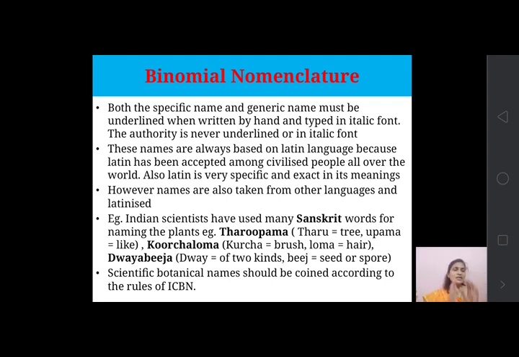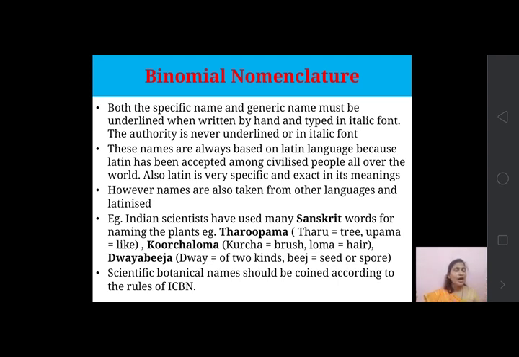So the author name is necessary to write after the binomial name of the plant. These are some of the things related to binomial nomenclature, and it is very useful and necessary in classification, in taxonomy, because classification and nomenclature, that is binomial nomenclature, go hand in hand. They are not separated, because every classification is based on nomenclature.